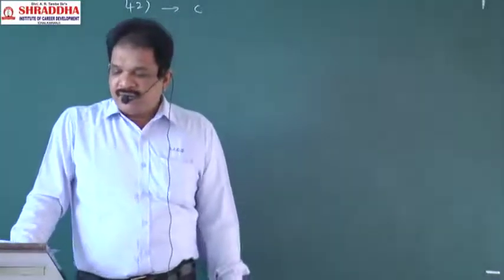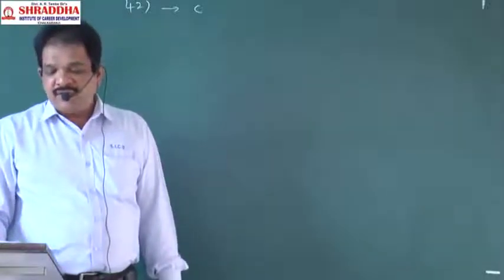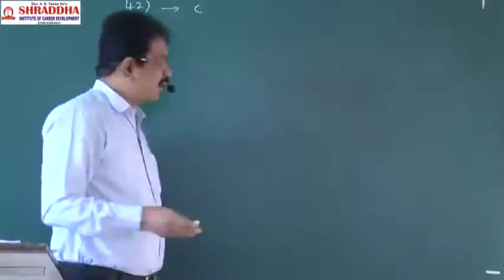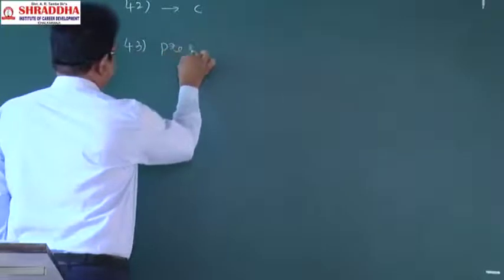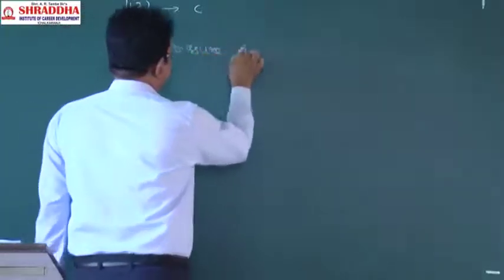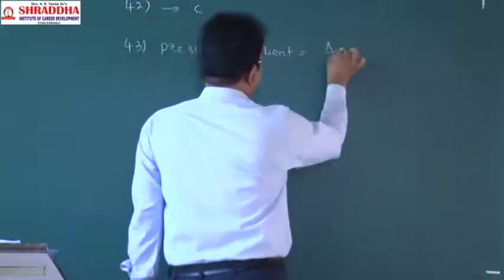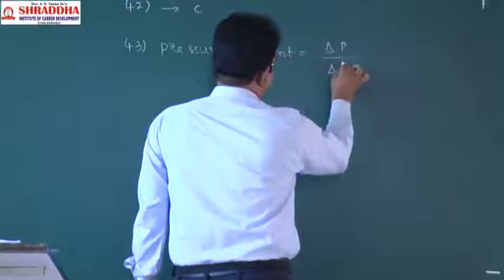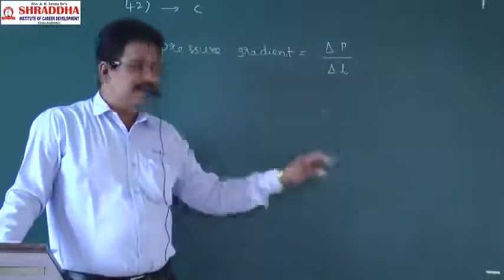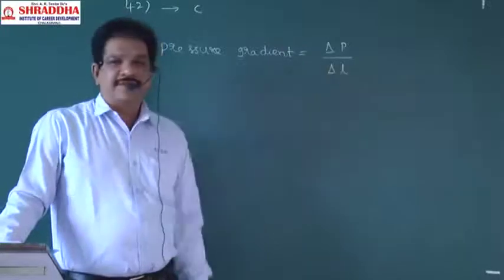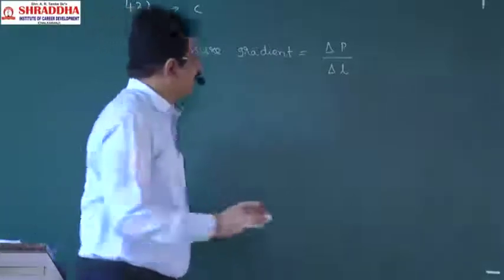Next, 43. What is the dimensional formula for pressure gradient? Already we did pressure gradient. Change in the pressure by change in the length, change in the pressure per unit distance, that will be called the pressure gradient.